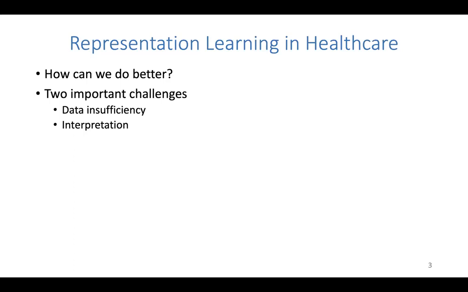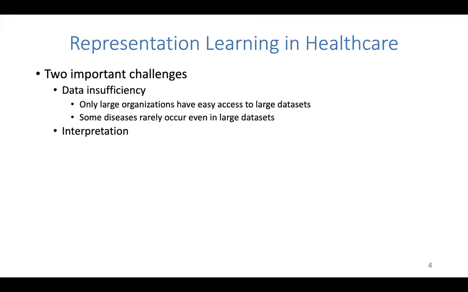Data insufficiency: when we think about what we did with MED2VEC or skipgram, we took a pretty large amount of electronic health records data and used them to train the model. But it's not always the case that all hospitals or all research organizations can possess that amount of data.